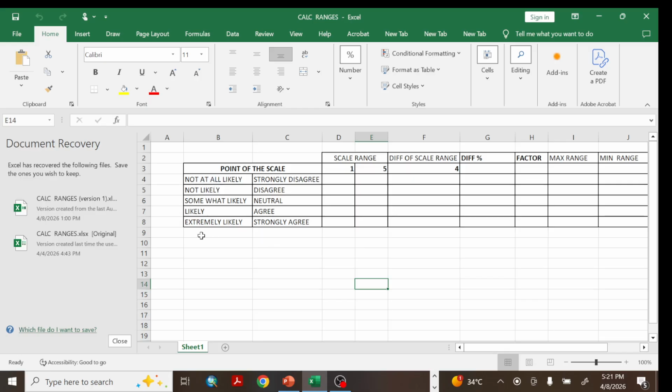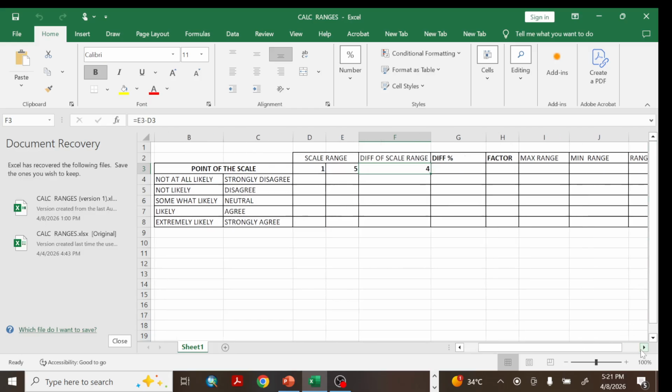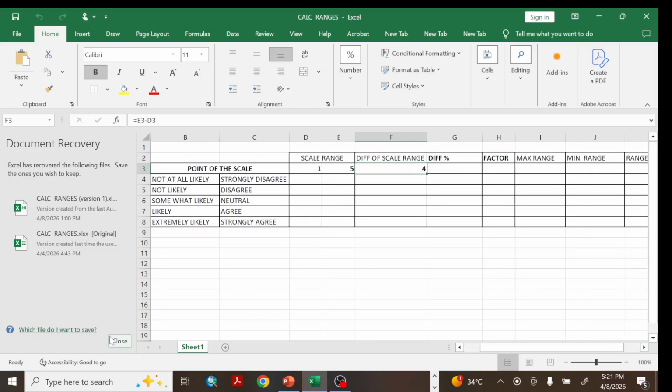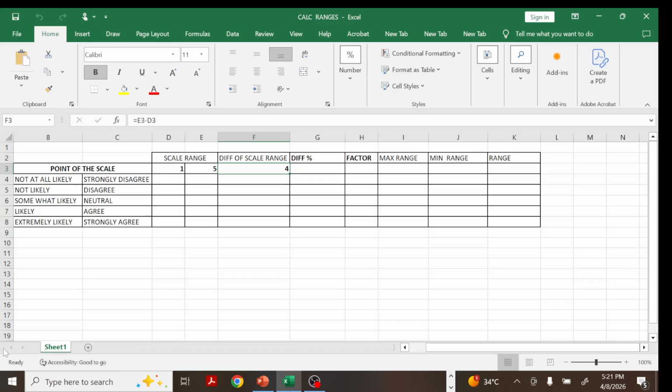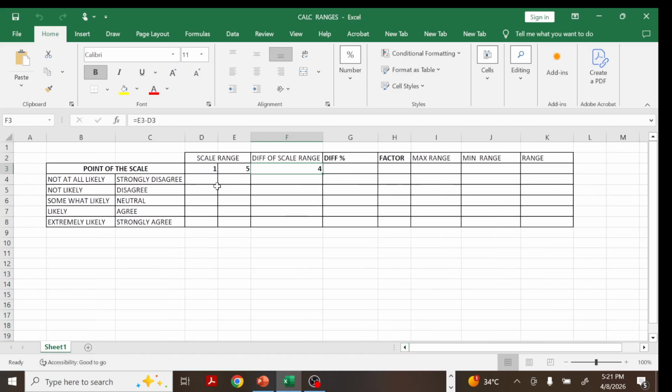So it means that the maximum of the scale is 5, and the minimum is 1. Then you have to get the difference between 5 and 1, which is 4. This is the first thing that you should do.